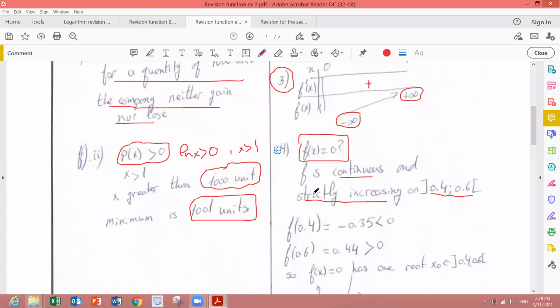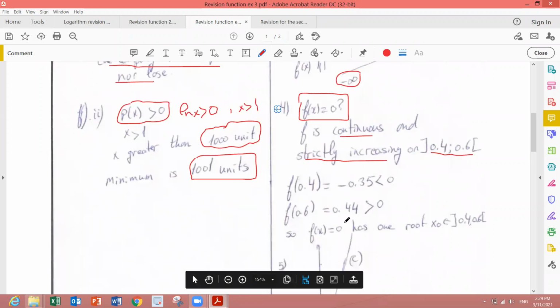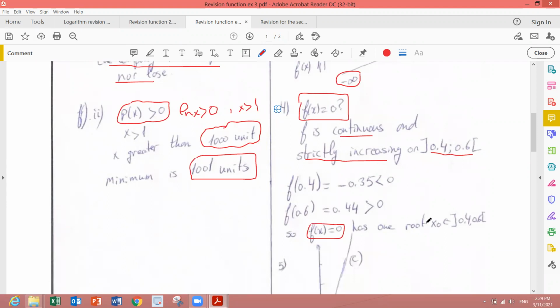F of 0.4, using the calculator, you get minus 0.35, which is negative. And f of 0.6 equals 0.44, which is positive. So f of x equals 0 has one root x0 belonging to 0.4, 0.6.